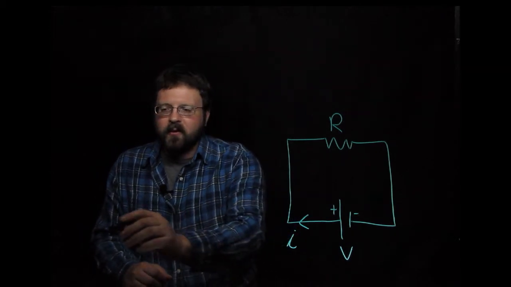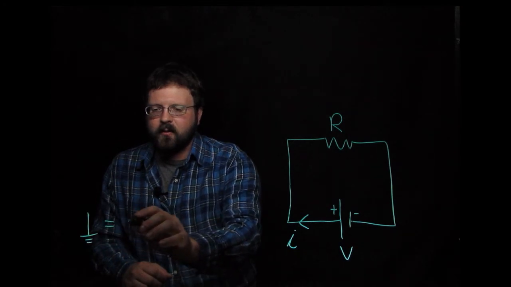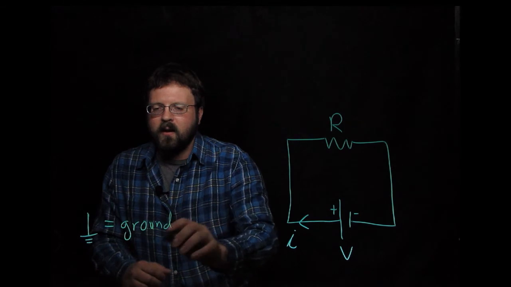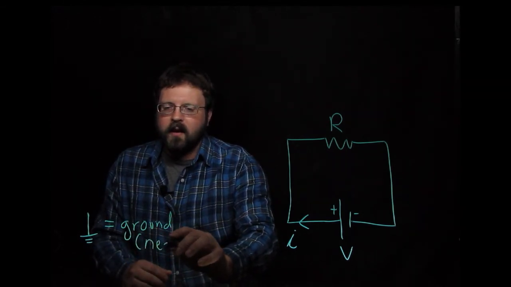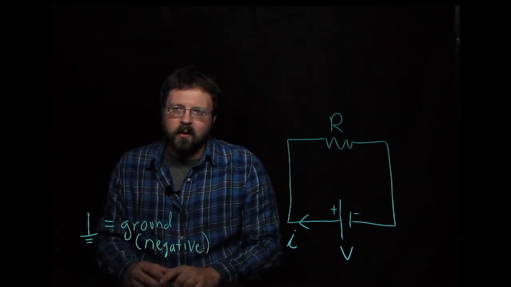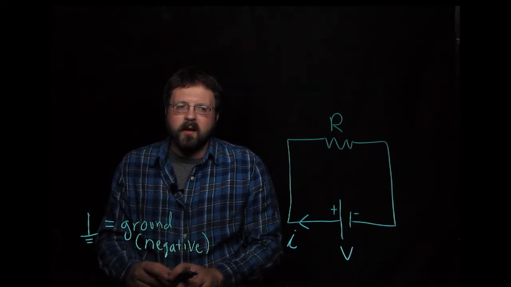And the symbol for that looks like this. So this is what we call ground. And we've been using the negative terminal of the battery for ground in all of our previous examples.